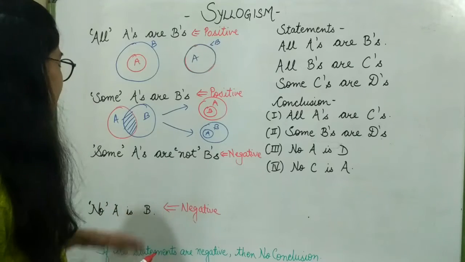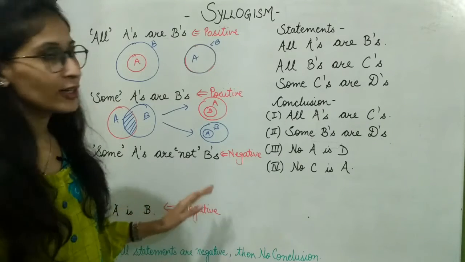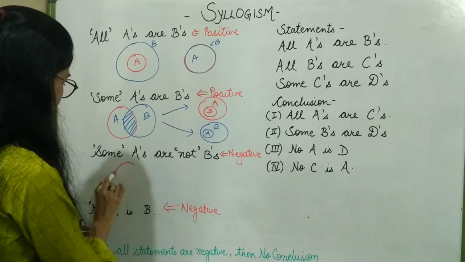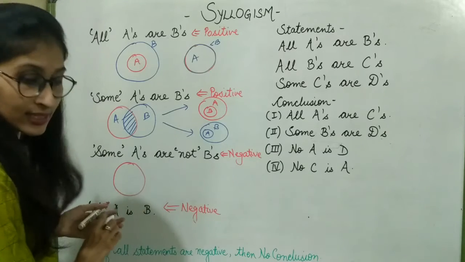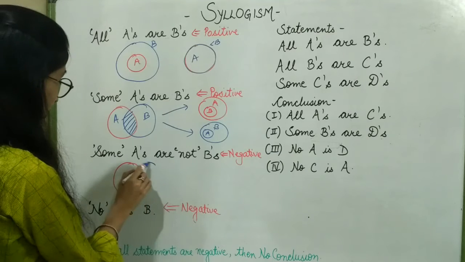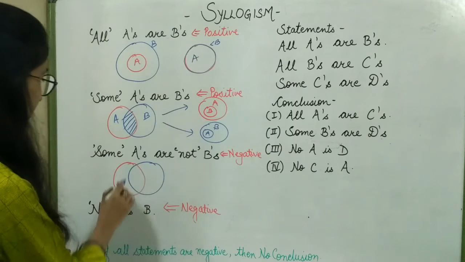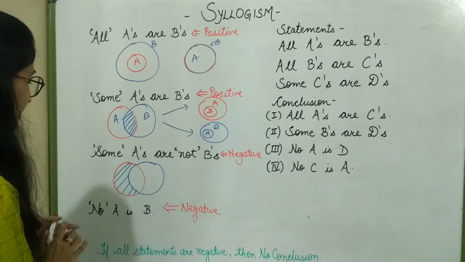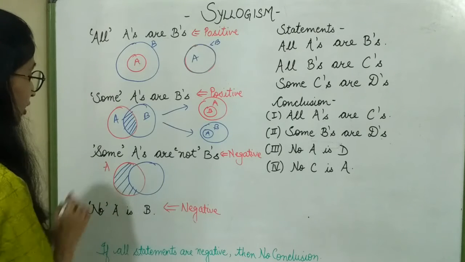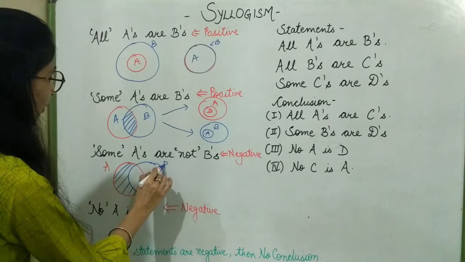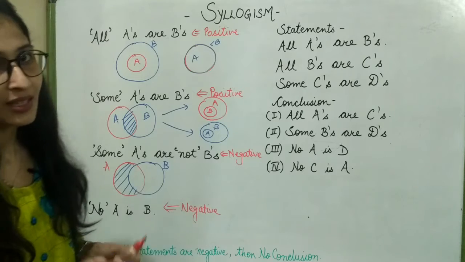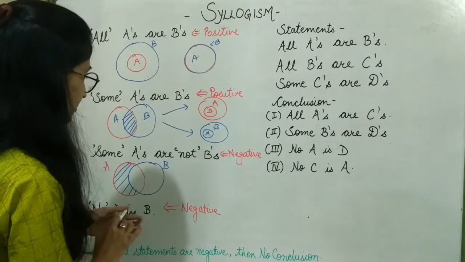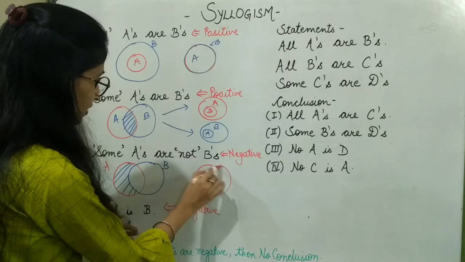Next statement is some A's are not B's. So if I draw it like this, some A's are not B's. This part of my diagram is satisfying the statement that some part of A is not a part of B. Also I can draw it like this.